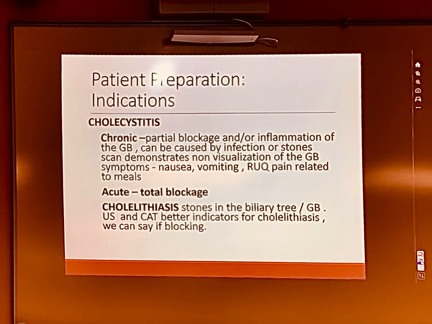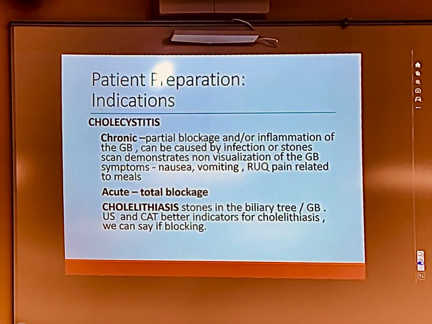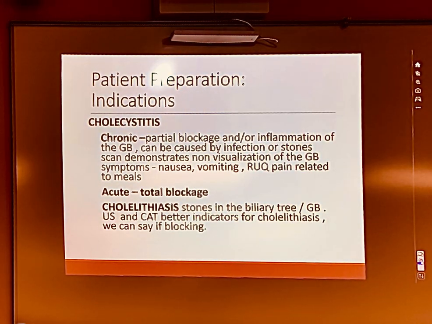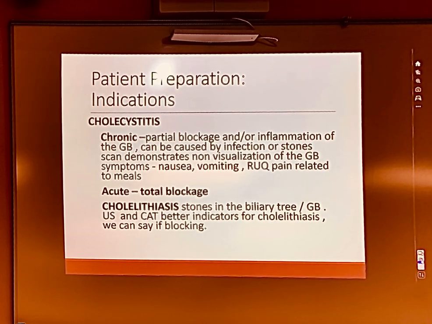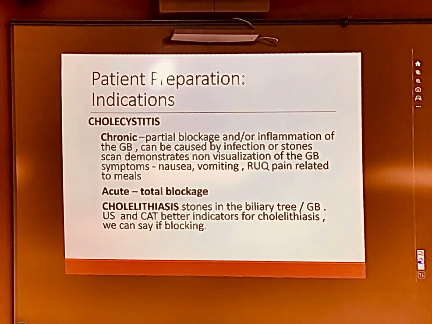When you are doing a HIDA scan, a normal HIDA scan is 1 hour. In 1 hour, you should see liver, gallbladder, and duodenal sweep. If you don't, these are general rules, you wait 30 minutes, take another picture, wait another 30 minutes, take another picture.